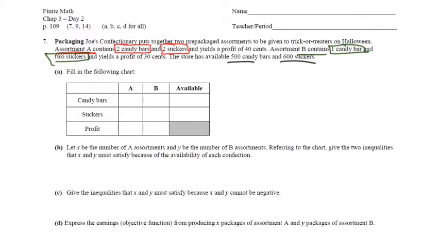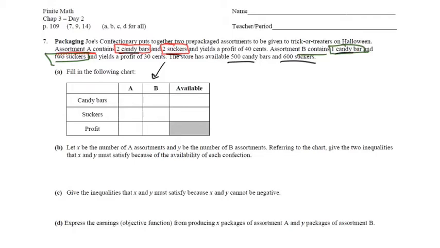Okay, so before we go to fill in and complete this chart here, let's talk about a couple things. Students ask me, well, why don't they just sell assortment A the most? Because assortment A makes the most money, 40 cents. Well, notice that you have to have 2 candy bars and 2 suckers in assortment A, whereas assortment B, you only have to sell 1 candy bar and 2 suckers.